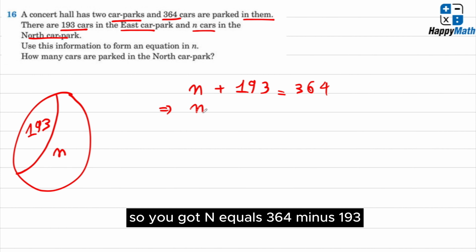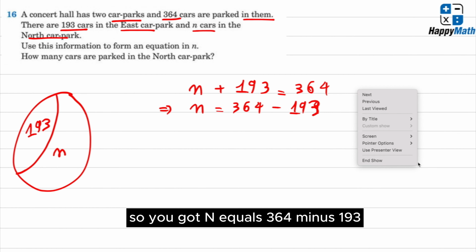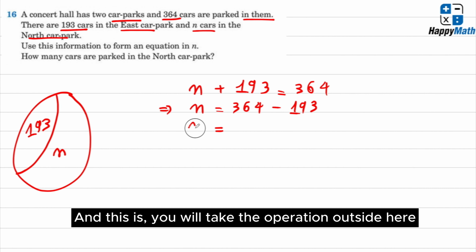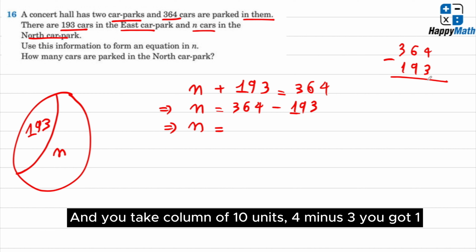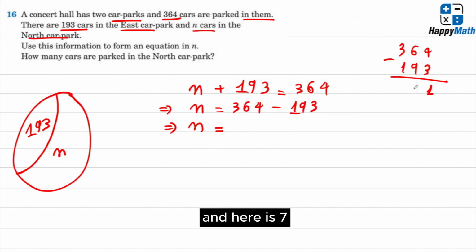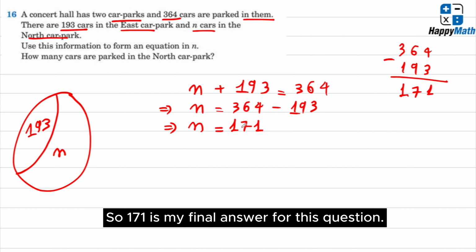So n equals 364 minus 193. You take the operation outside here: 364 minus 193. In the tens column and units column, 4 minus 3 gives 1, and so on. So 171 is my final answer for this question.